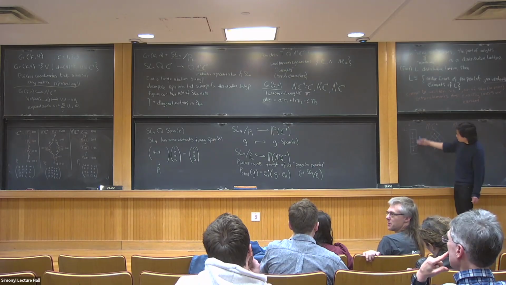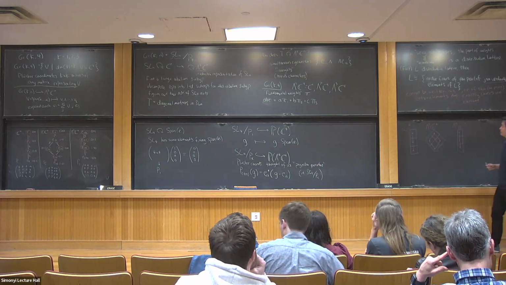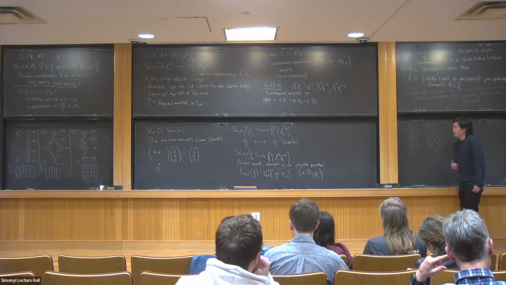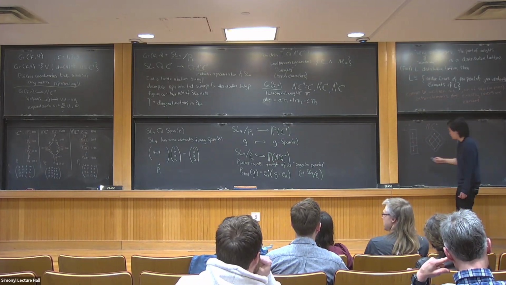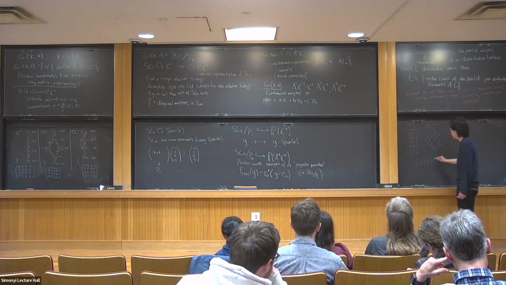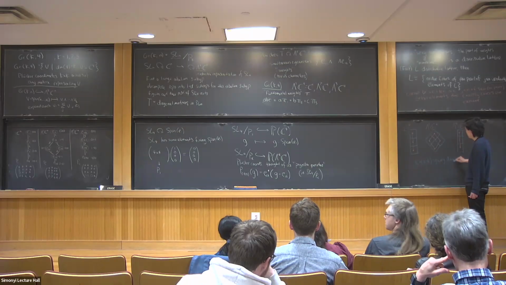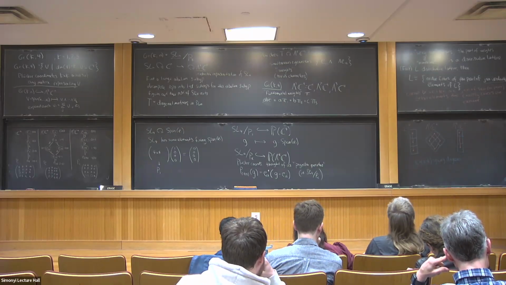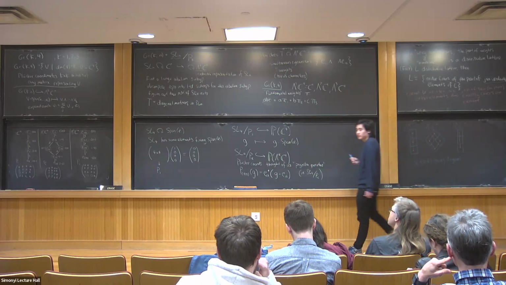Maybe I should tilt them. You can think of these as 1 by 3 Young diagrams, 2 by 2, and 3 by 1. So in each case, you get k by 4 minus k Young diagrams. And now we ask, what are the order filters of these things?